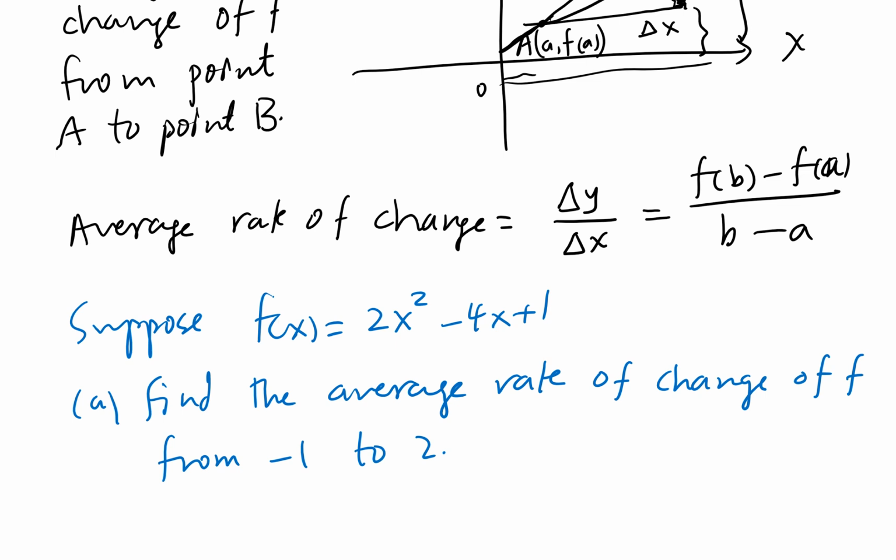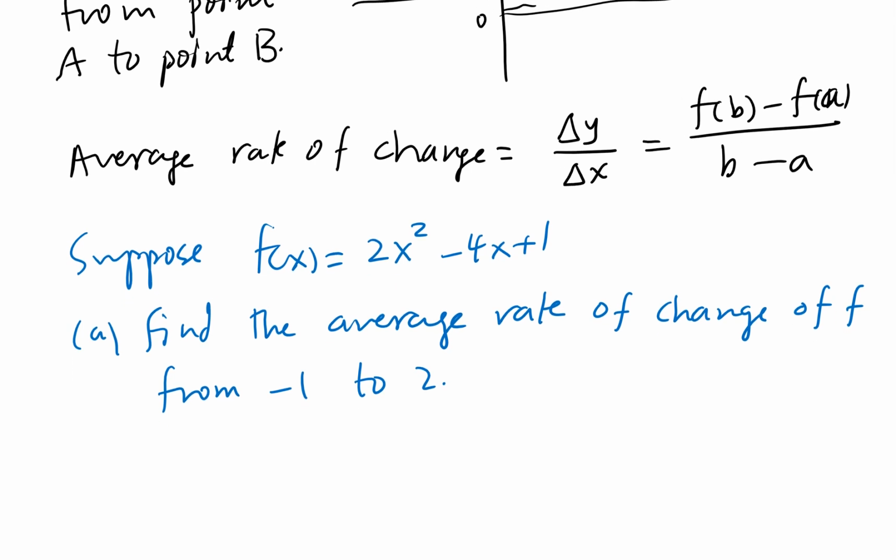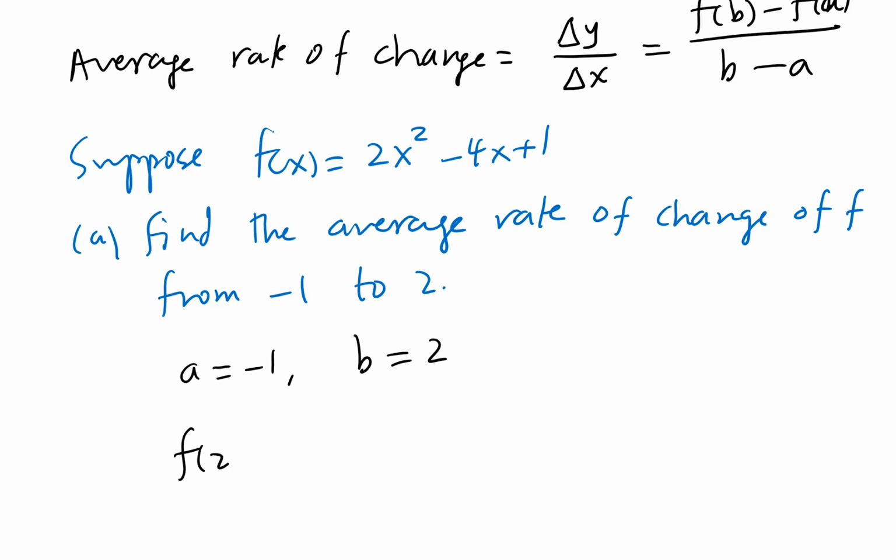How do you find the average rate of change? To start with, A is -1, and B is 2. So we need to find f of 2 minus f of -1 over 2 minus -1.